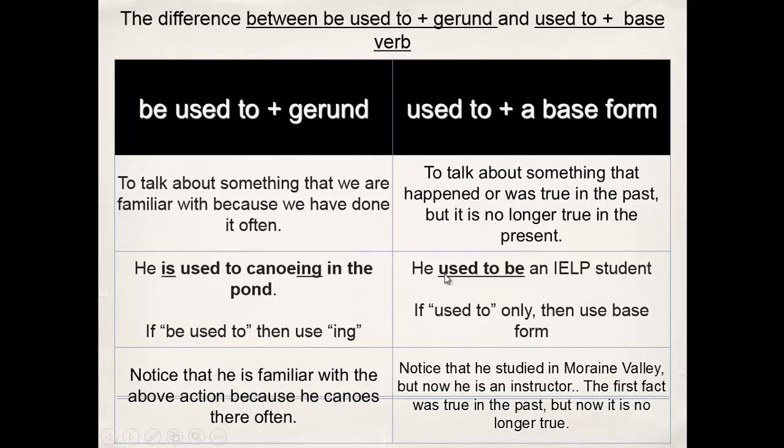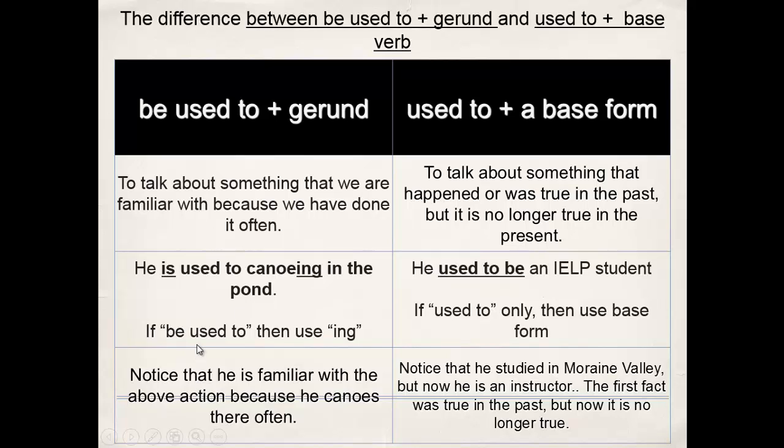If you're not using be in the beginning between the subject and the verb, right here where the mouse is moving, then it's just going to be the base form. So he used to be an IELP student. Not anymore, he used to be.